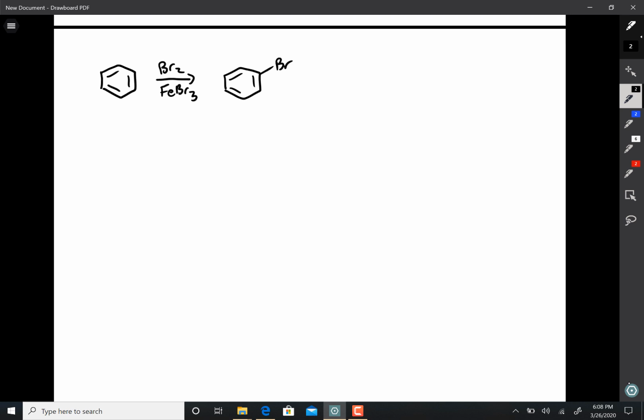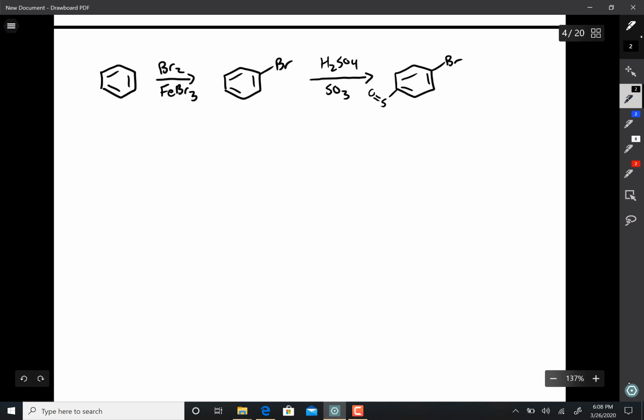And then let's do the sulfonation. Now, bromine is an ortho-para director, so the major product is going to have the sulfonic acid para to it.